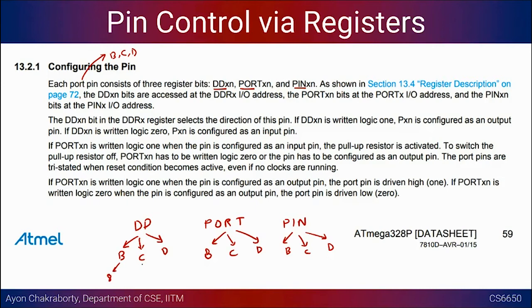Each bit will be controlling a certain aspect of that pin. So if it is port B and we are looking at the third bit here, it is going to do something with the third pin in the B port.